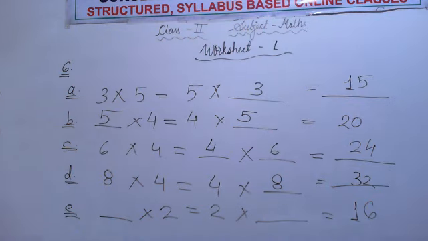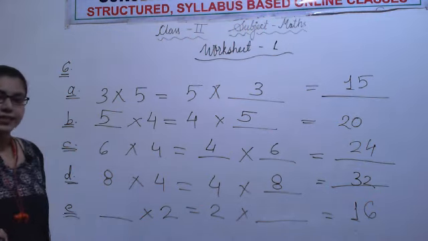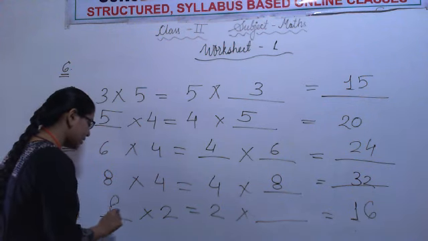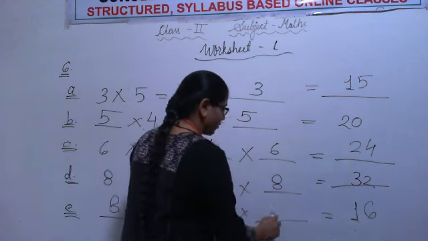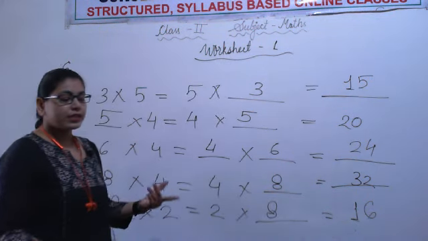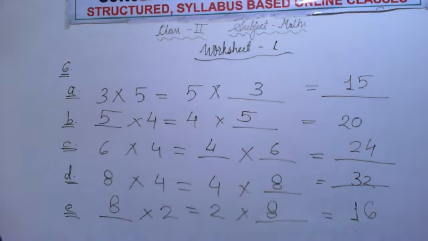So 2 8s are 16. So 16 comes in the table of 2 at 8 times. So 8 into 2 or 2 into 8 is equals to 16. This is how we can solve questions based on the order property.